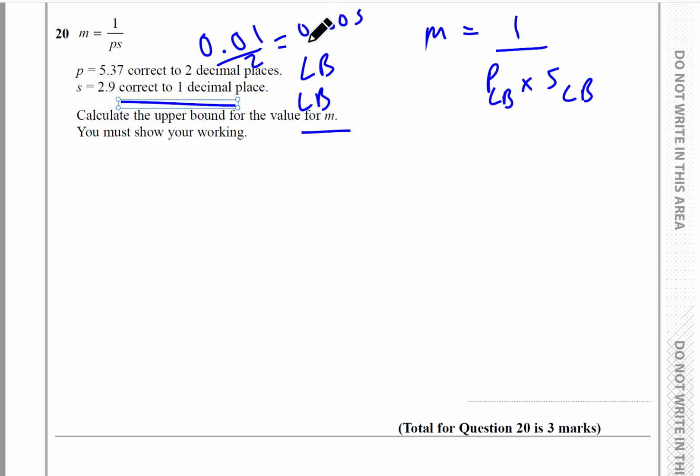That's 0.05. So the lower bound of p, and just for good habit, lower bound of p and upper bound of p, you're going to minus and add the 0.005. That's for p.